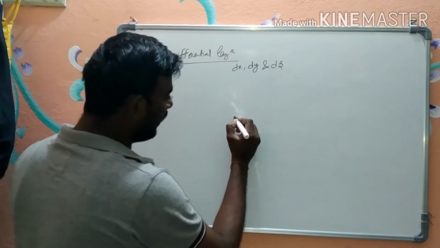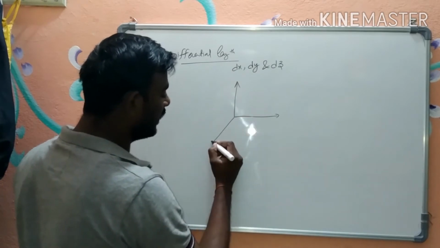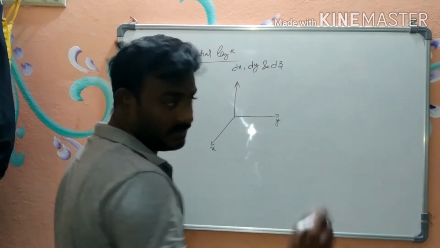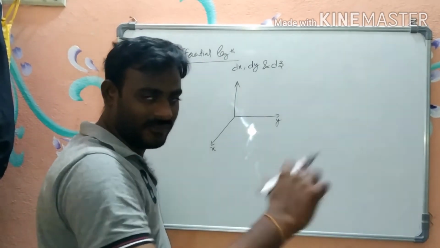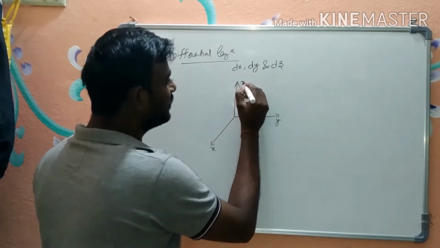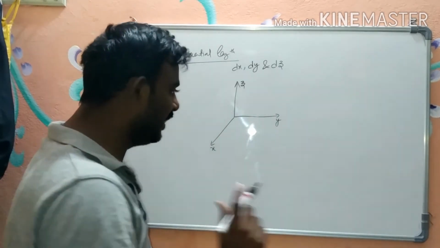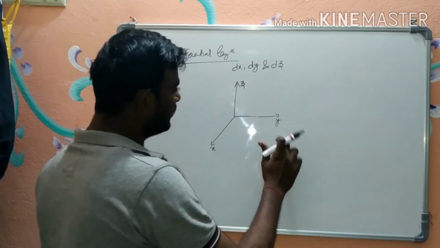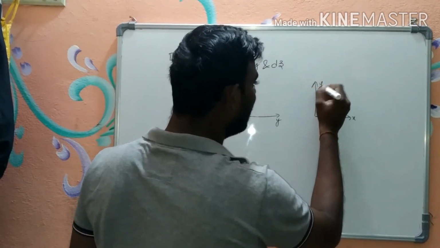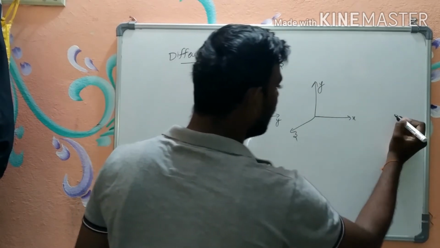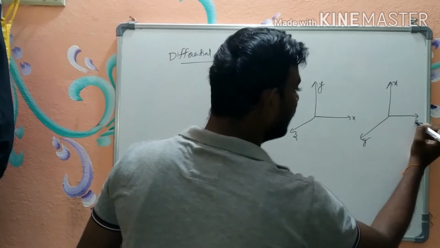First of all, we will see how to write them. We have made a video on how to represent a point in a Cartesian coordinate system. Please go through that video in order to understand how we represented a point in different coordinate systems. You can consider this coordinate system in three ways: this as x, y, z, or this as x, y, z, or this as x, this as y, and this as z.